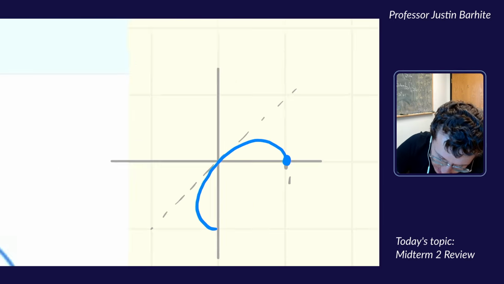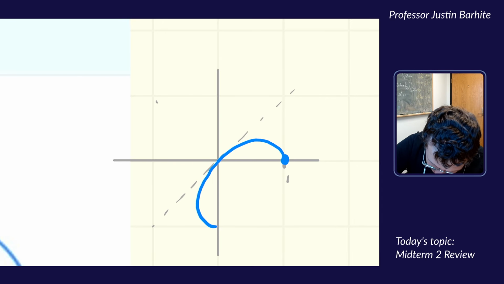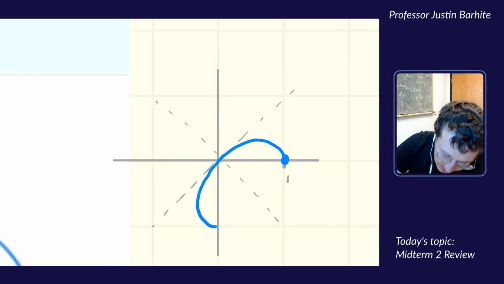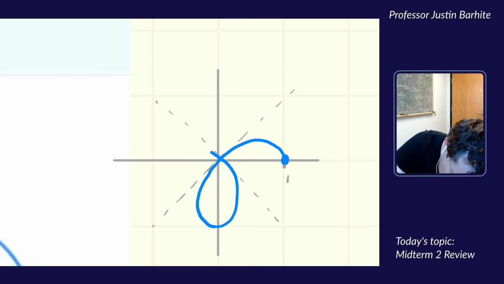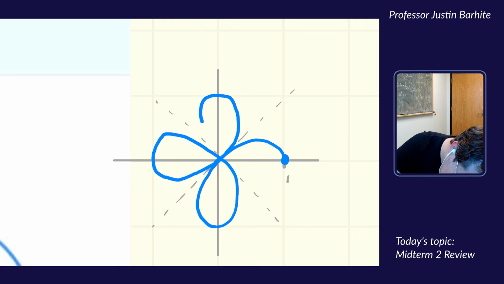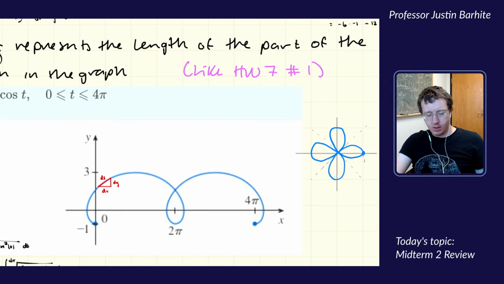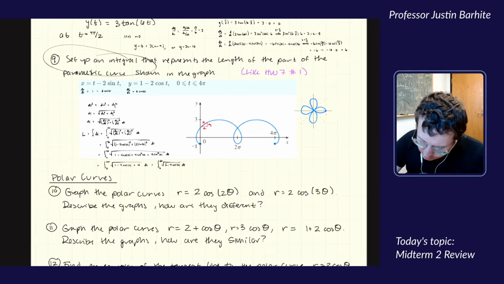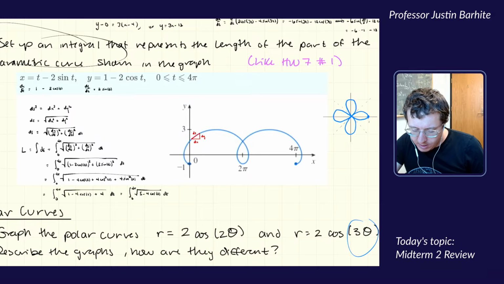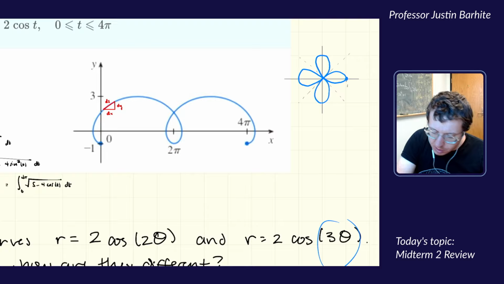And if you keep thinking about what happens as theta increases, it's going to make this sort of shape. And if we replace the 2 theta with a 3 theta, we end up with a different number of petals on this shape.